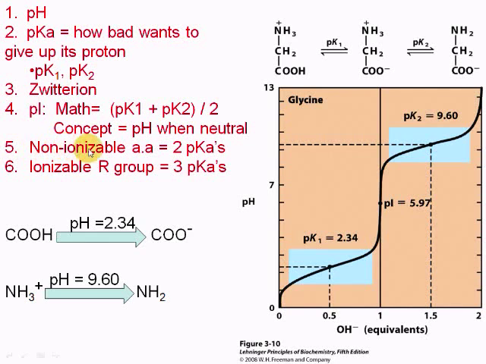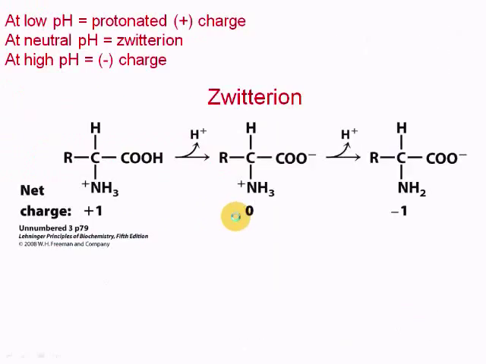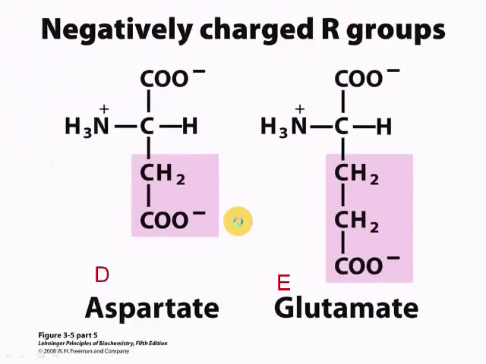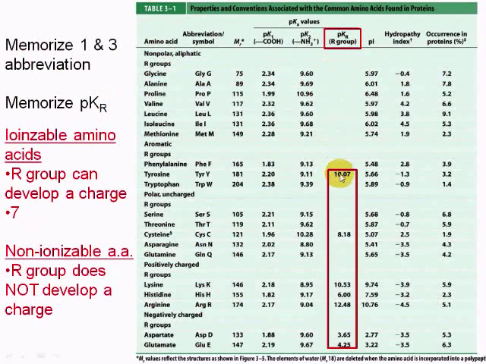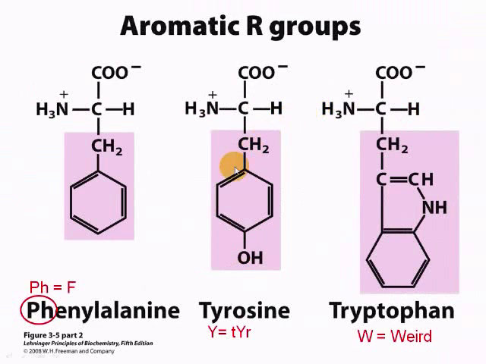And we'll note that non-ionizable amino acids have two pKa's, pK1 and pK2. And when I say non-ionizable amino acids, let's just remind ourselves what that means. If we go back to that big chart, remember there's 7 amino acids that have an ionizable R group, a pKr. The other 13, their R groups don't ionize.